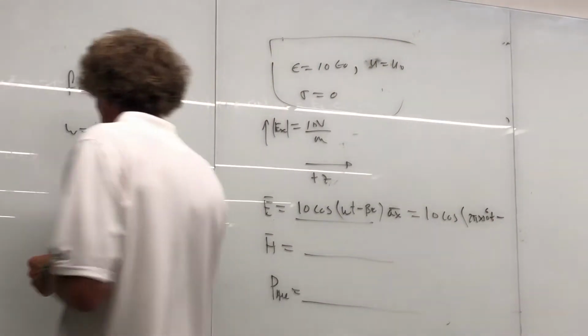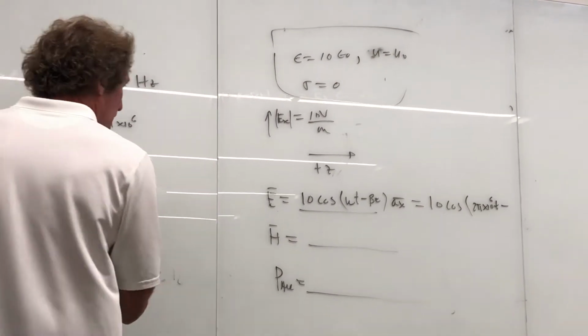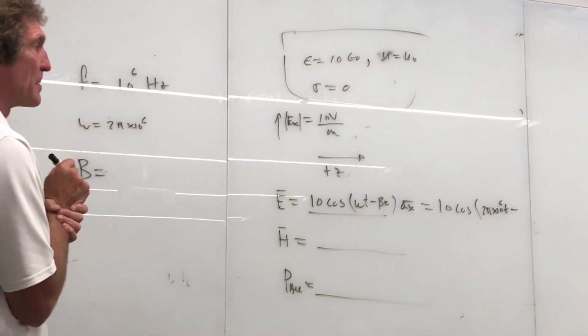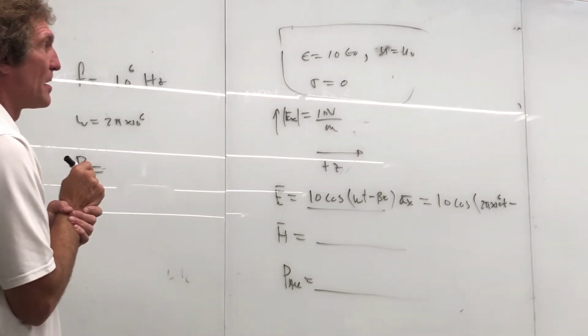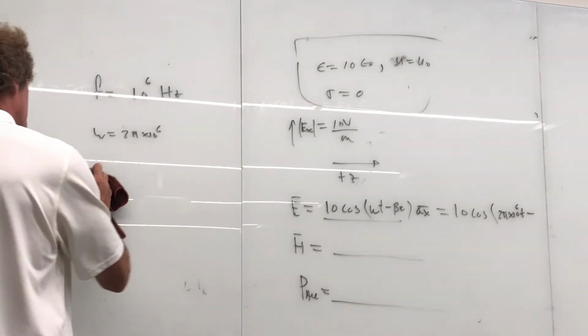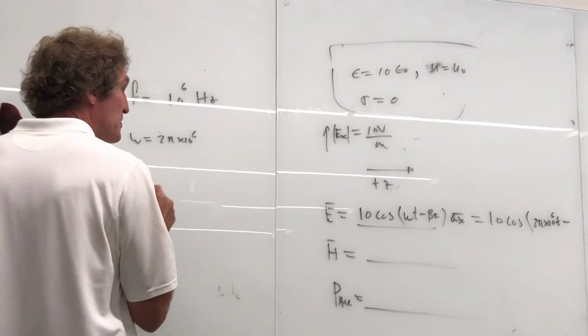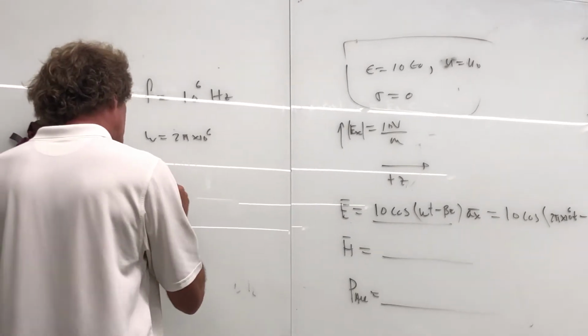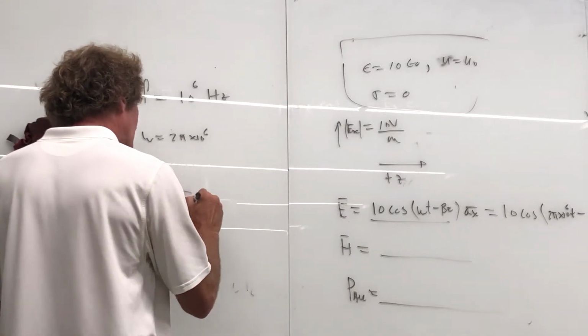What's beta? How do you get beta? Well, you all agree it's lossless. If it's lossless, do you agree that the phase velocity would be equal to 1 over the square root of mu epsilon?